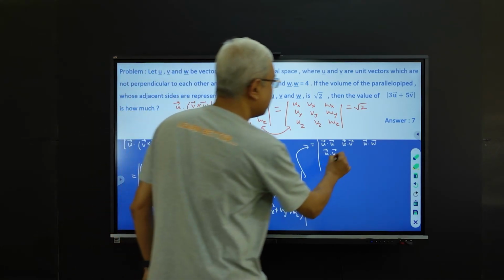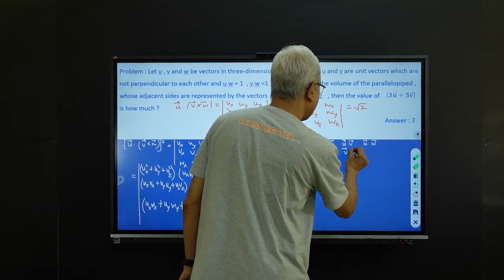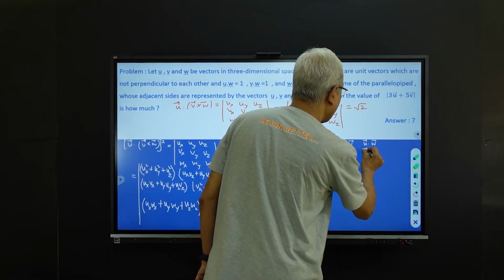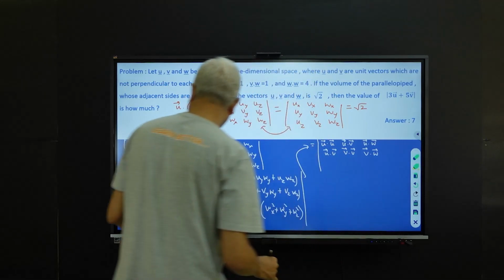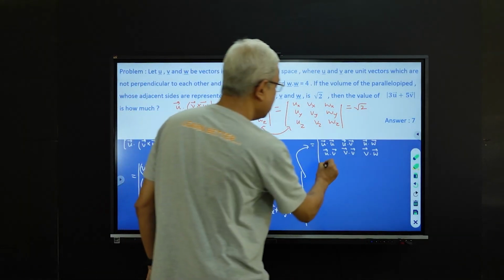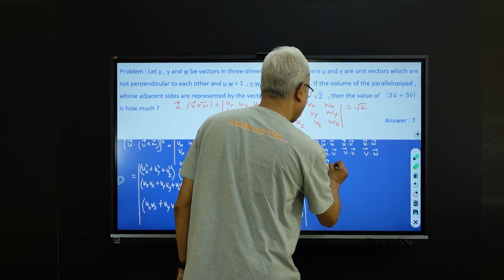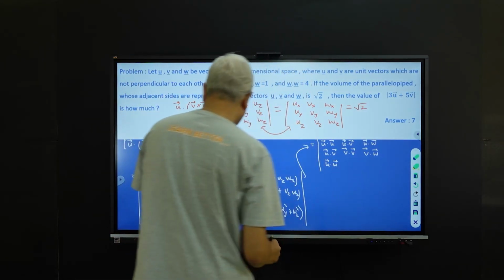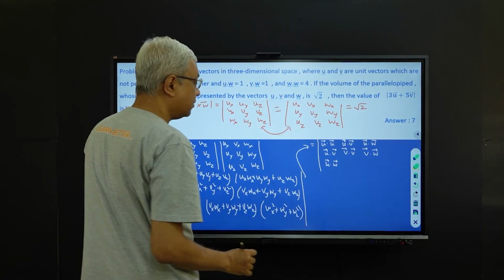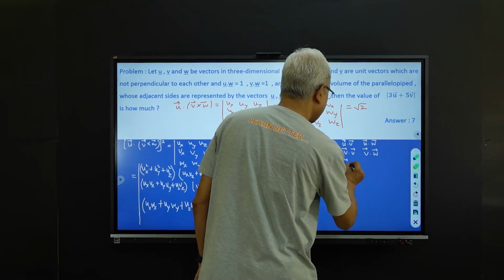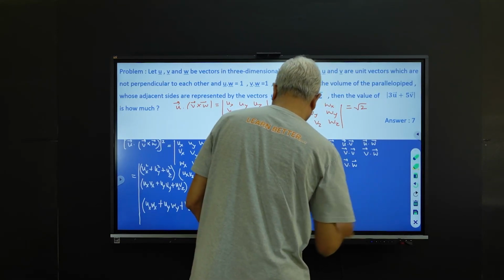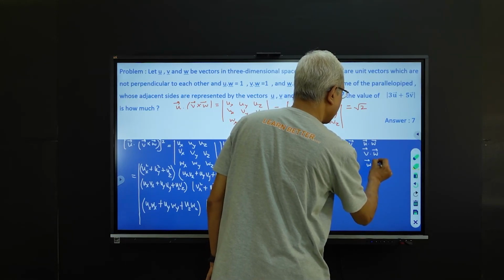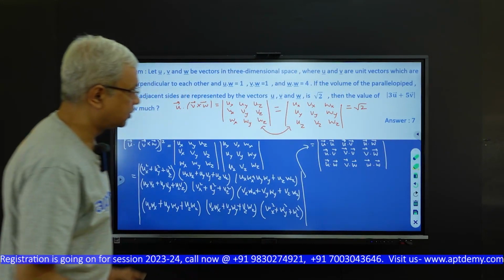Then V dot V. And here it is V dot W. And then here it is U dot W, here third row, second column is V dot W, and here it is W dot W. So this is the determinant.